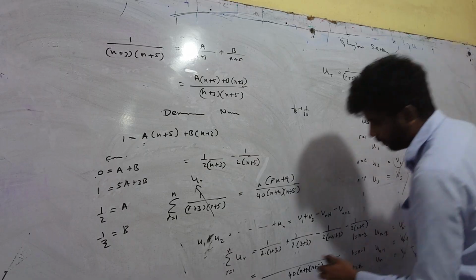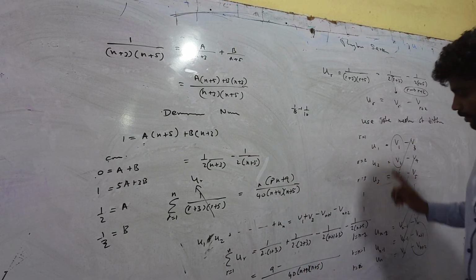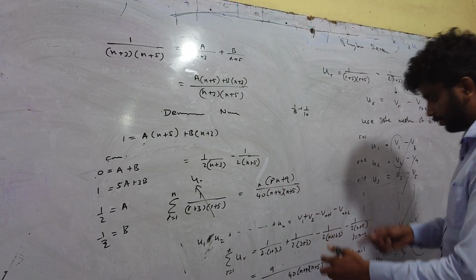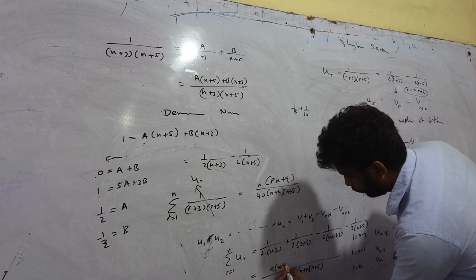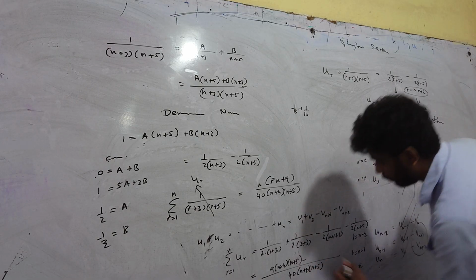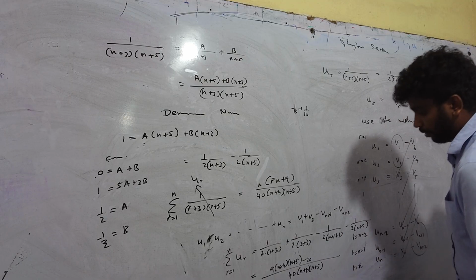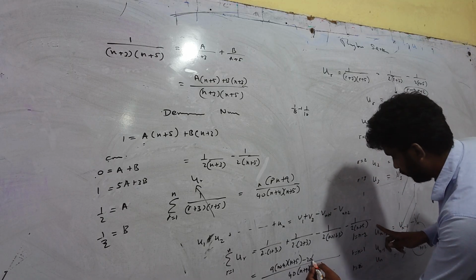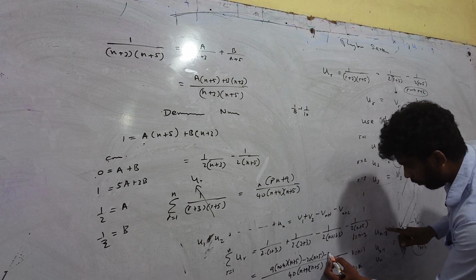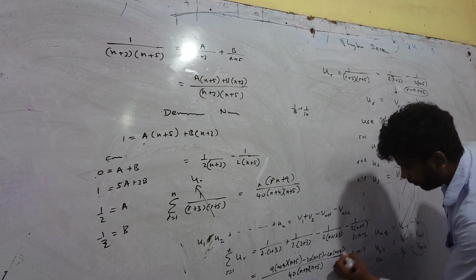And 40 divided by 10 is 4. It's 9 minus 2 means... so we get 9 into (n plus 4) into (n plus 5), right? Minus 20 into (n plus 5), minus 20 into (n plus 4), right?